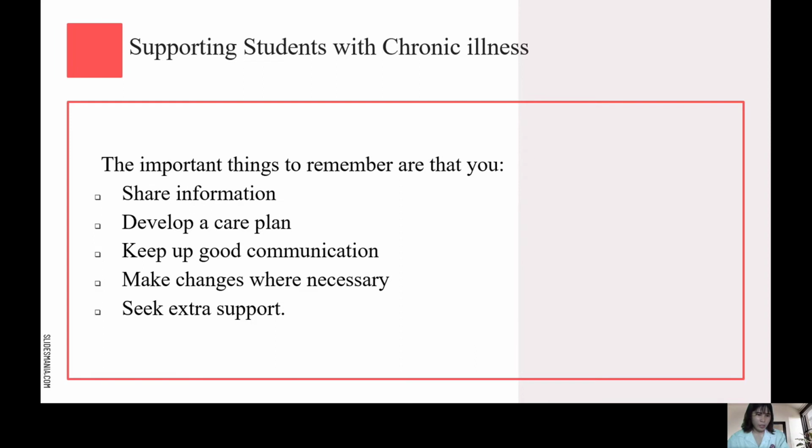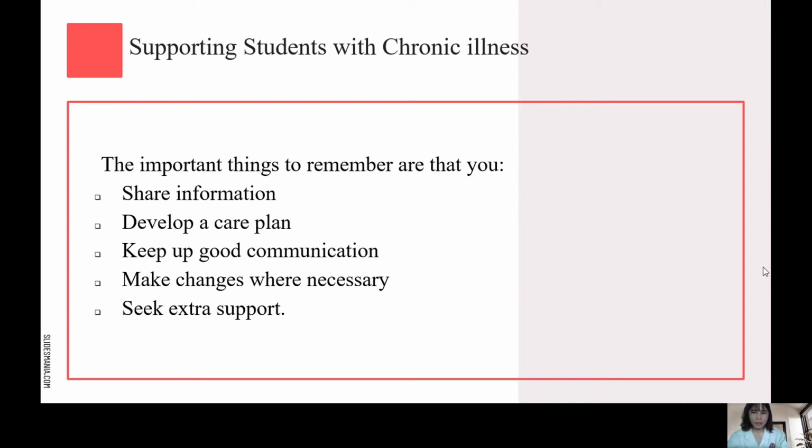As an observant educator, you need to follow or set goals, and the following are very helpful for you: share information, develop a care plan, keep up good communication, make changes where necessary, and seek extra support.